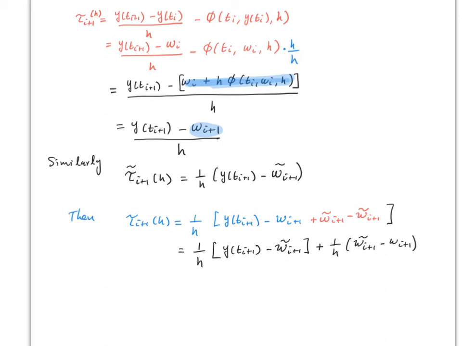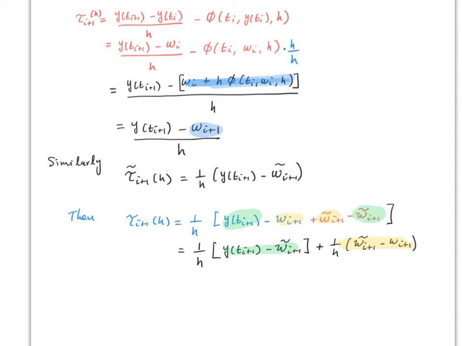How do we get that? This is just basic algebra, but just to be sure: if you combine this with this, it gives you that. And then if you combine this with this, it will give you this part.